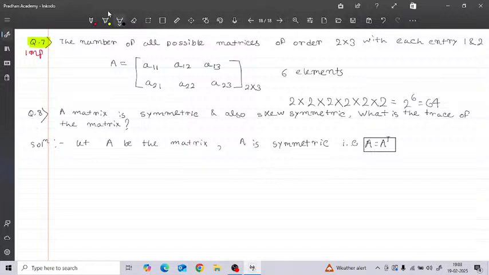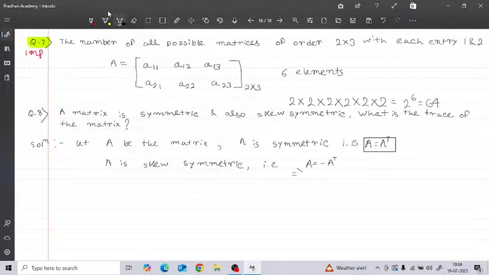Let's move to the second condition. It is given that A is skew symmetric also. Skew symmetric means A is equal to minus A transpose. From symmetric we got that A equals A transpose. From skew symmetric we got that A equals minus A transpose.